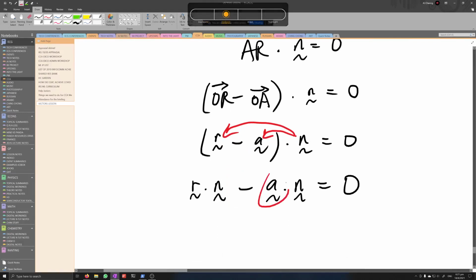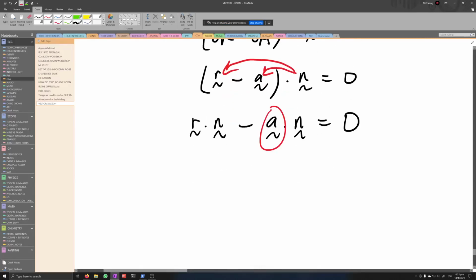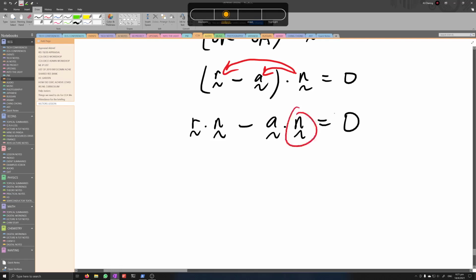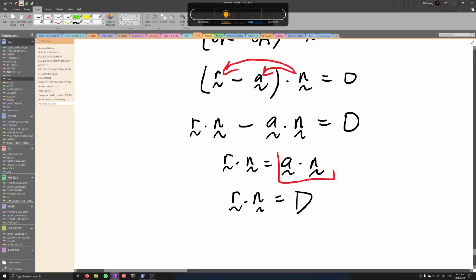If A cannot move, that will also mean that this term here is a constant. If this is a constant, and we also know that n is a constant, it means that this entire thing is a constant. So I'm just going to move it to the right hand side, and because we know it's a constant, it is also a scalar. I'm just going to collapse this into a constant d.